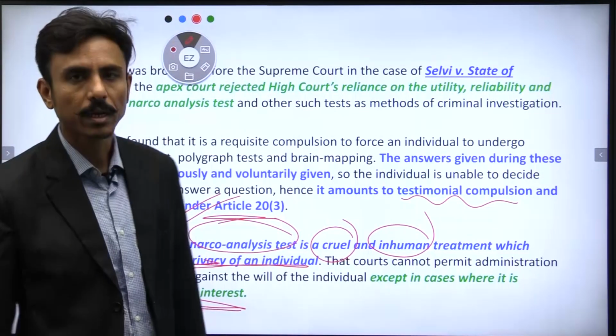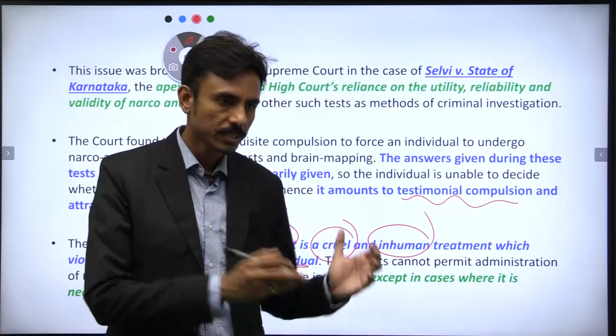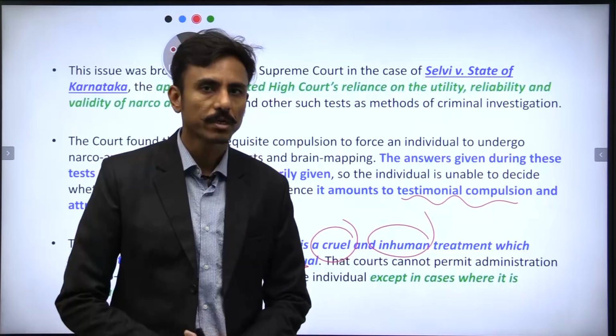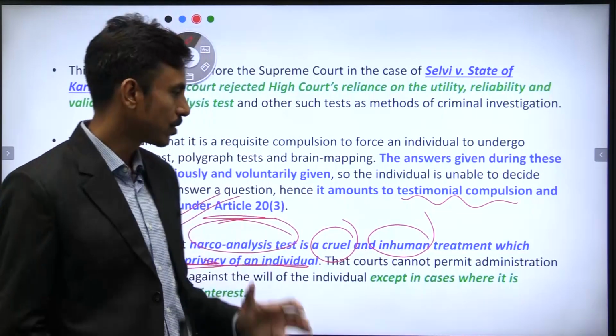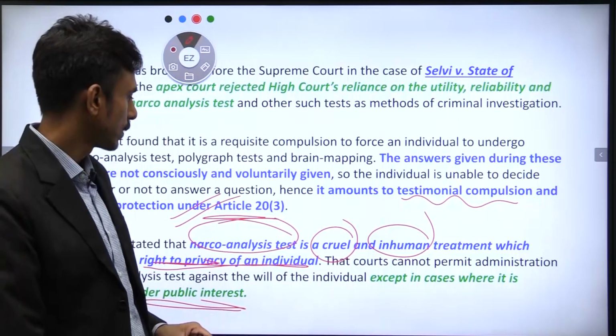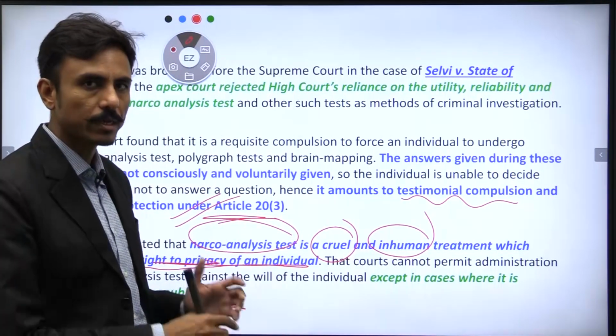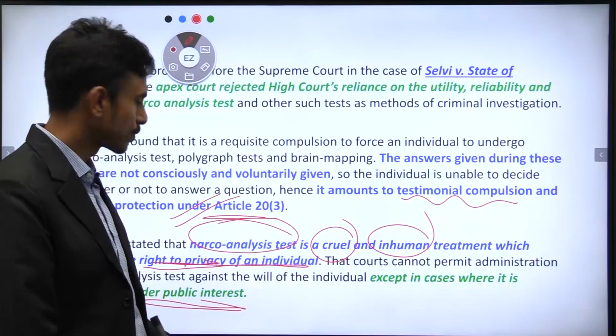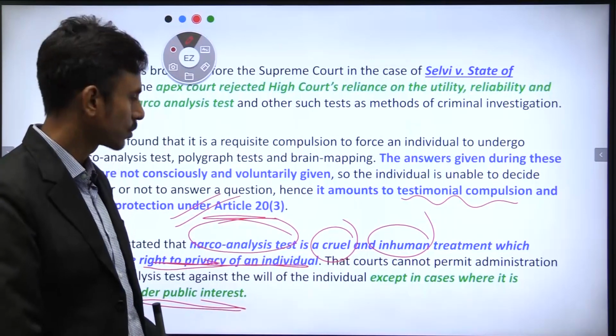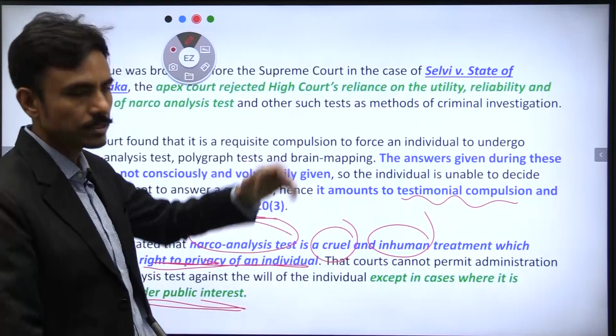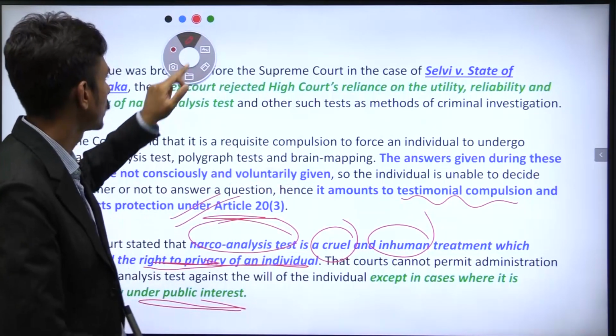So except in extraordinary circumstances where such tests are very important in public interest, they can be used, otherwise they are not used, and the individual is protected under Article 20 clause 3 when such tests are being used. I hope it is clear.